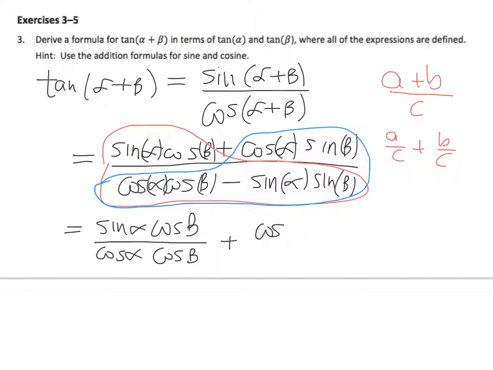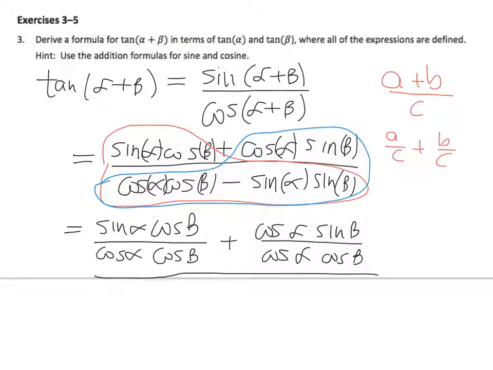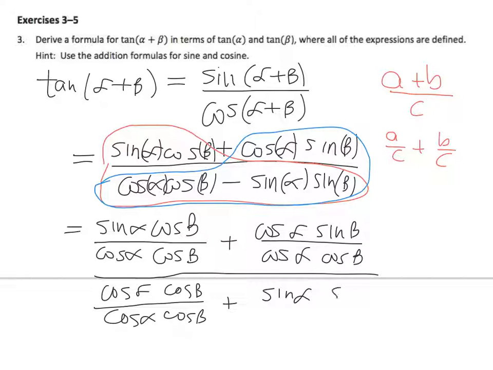Plus cosine alpha sine beta over cosine alpha cosine beta. And the denominator: cosine alpha cosine beta over cosine alpha cosine beta, plus sine alpha sine beta over cosine alpha cosine beta.